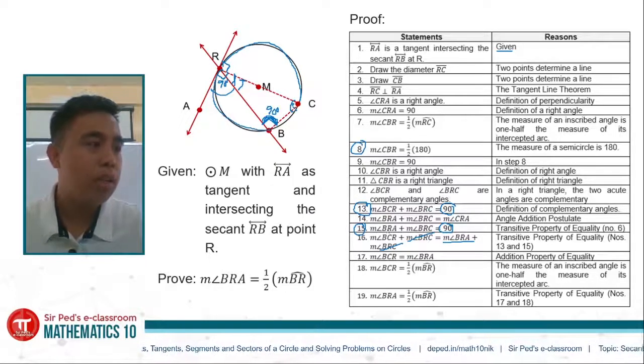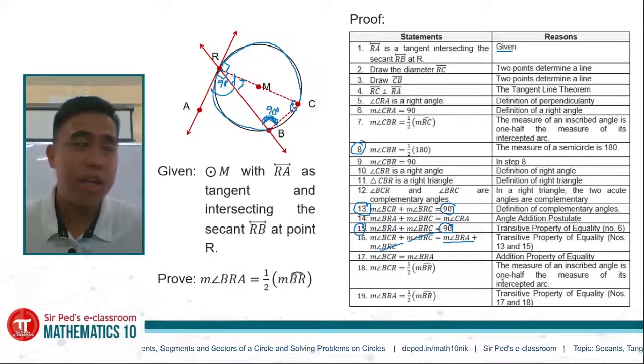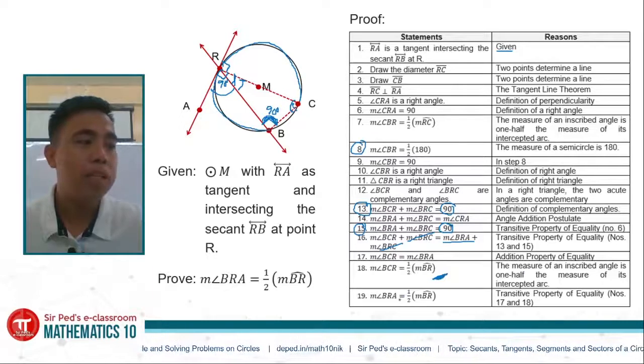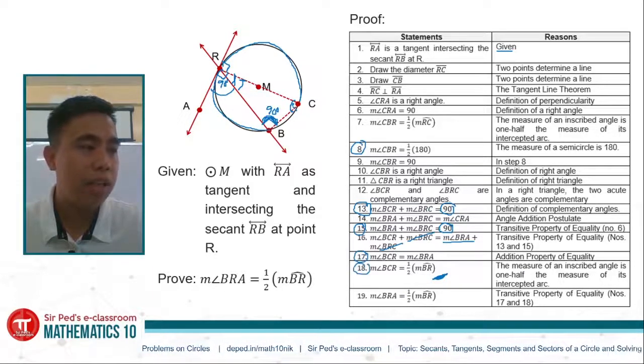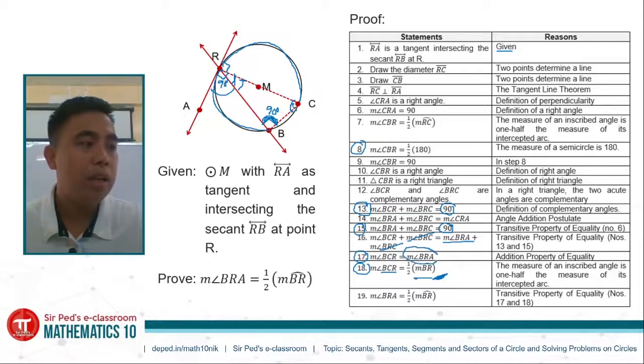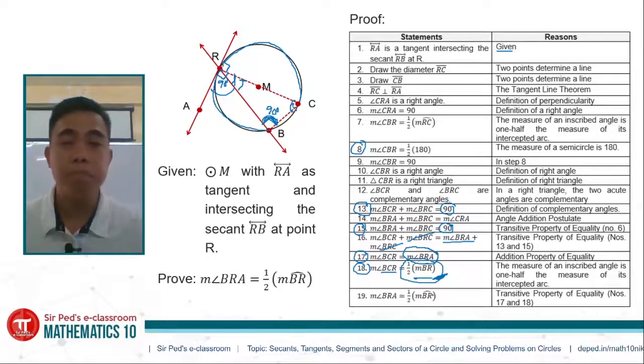That is the theorem on inscribed angles, that the measure of an inscribed angle is 1/2 the measure of its intercepted arc. Therefore, by the transitive property again, since these two are equal, the measure of angle BRA is equal to 1/2 the measure of arc BR.